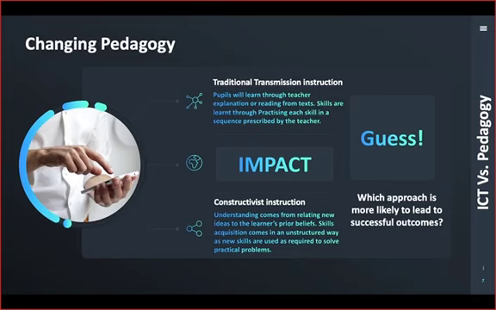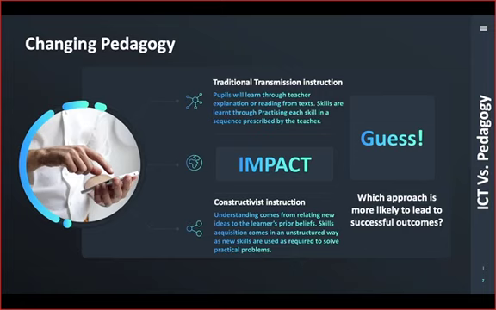Whilst the constructivist instruction assumes that understanding comes from relating new ideas to the learner's prior beliefs, and that skills acquisition comes in an unstructured way, as a new skill is used as a requirement, for example, to solve particular problems.